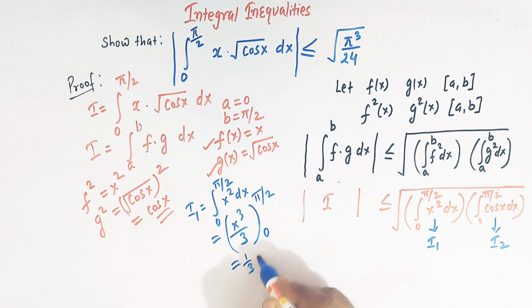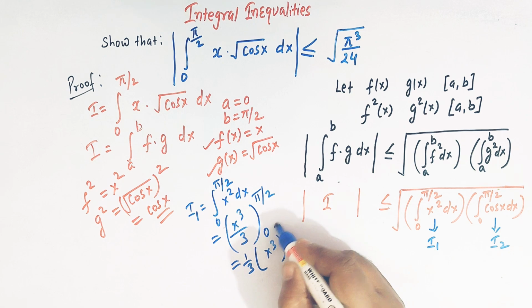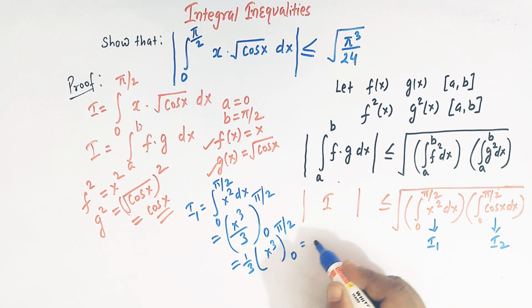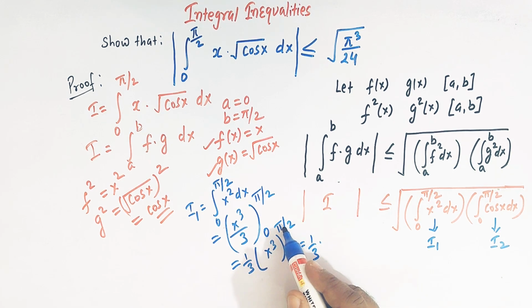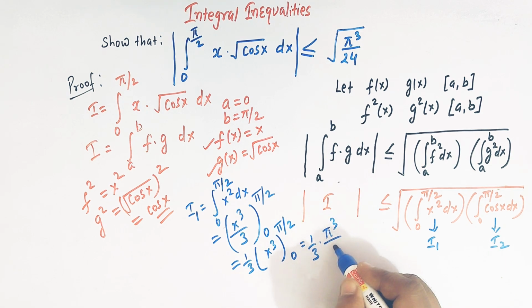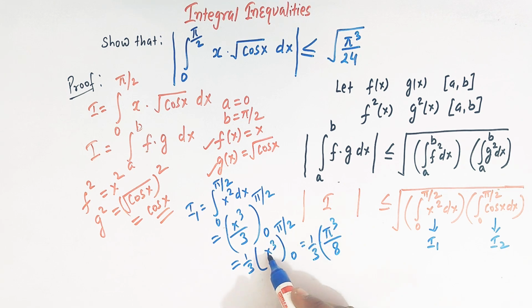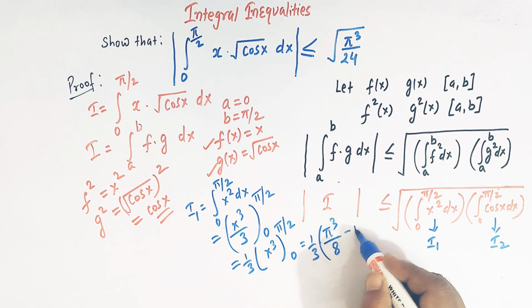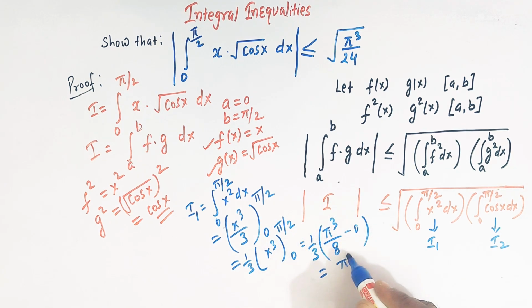So we have 1 over 3 times x cube from 0 to pi by 2. Substituting the limits and taking the difference, we have pi cube over 8, and with the 1 over 3 this is pi cube over 24.